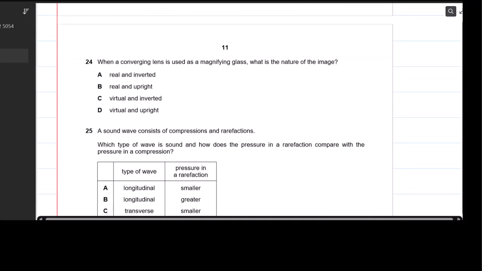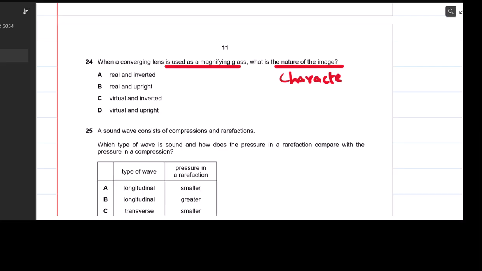When a converging lens is used as a magnifying glass, what is the nature of the image? Nature of image means characteristics of the image. So this is a simple question. You have to remember about the magnifying glass.